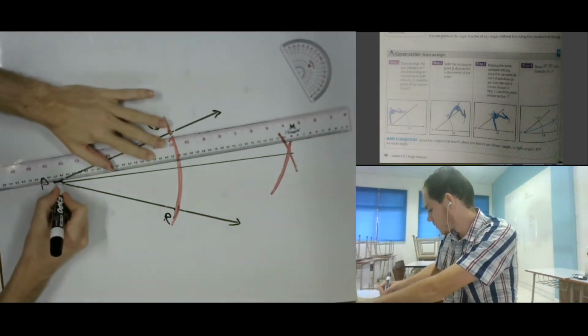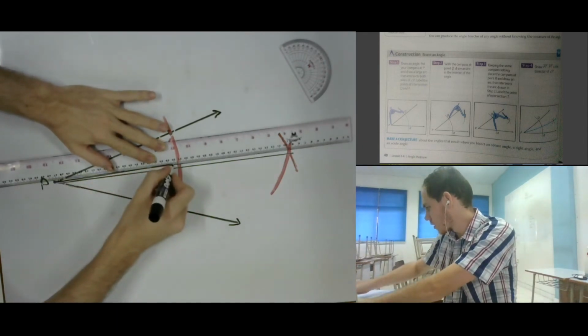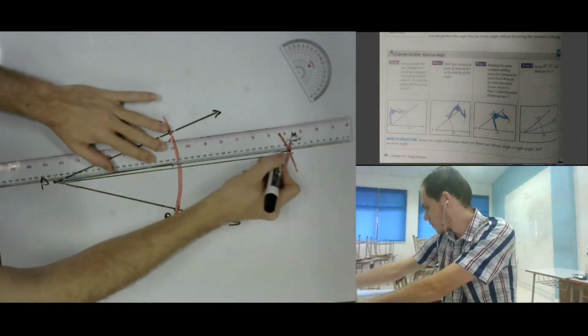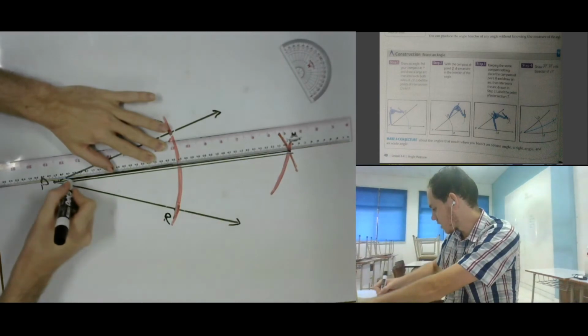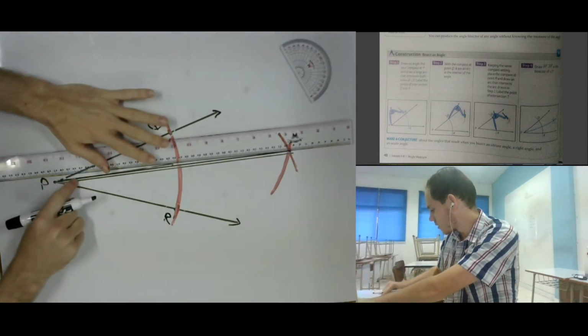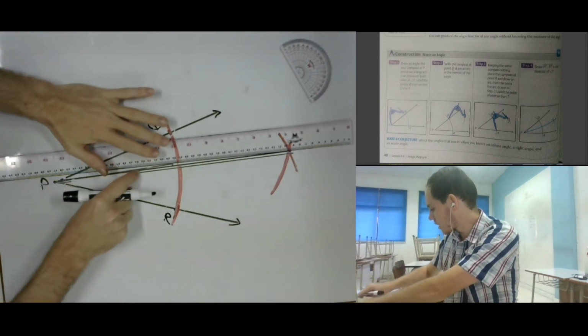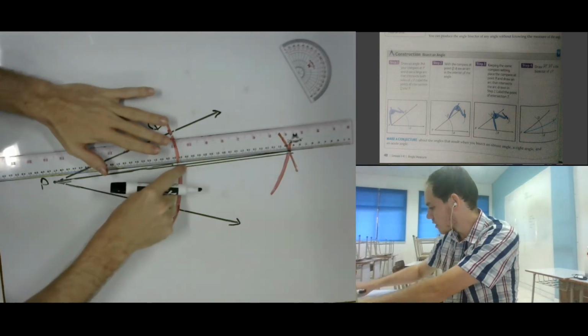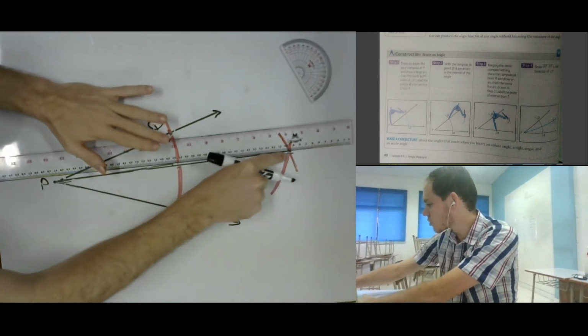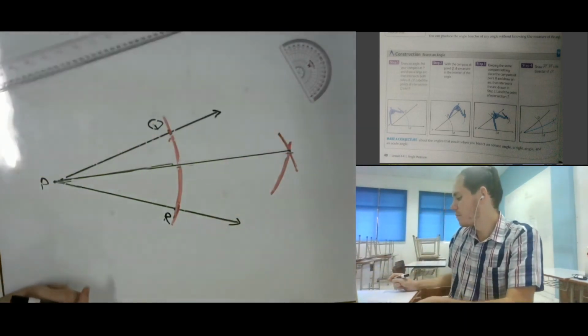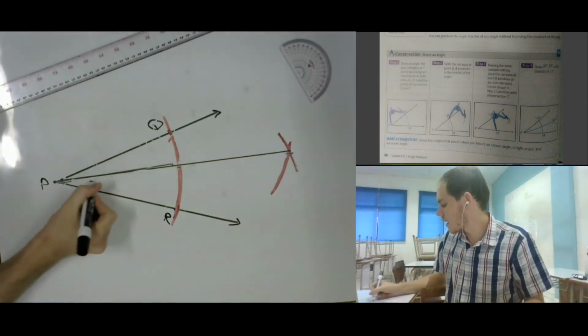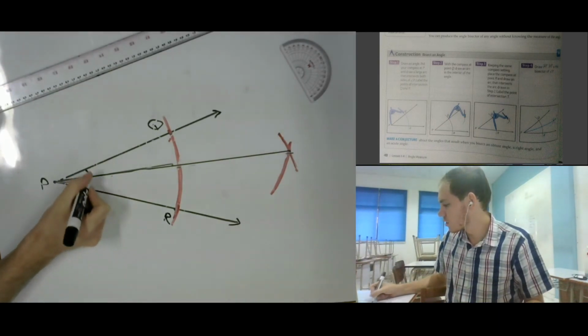Sorry about that. Oh, wait. This is actually the accurate one. You have to be careful because if you mess up with your compass, it's going to draw strangely. Okay. There we go. So then we actually have an angle bisector.